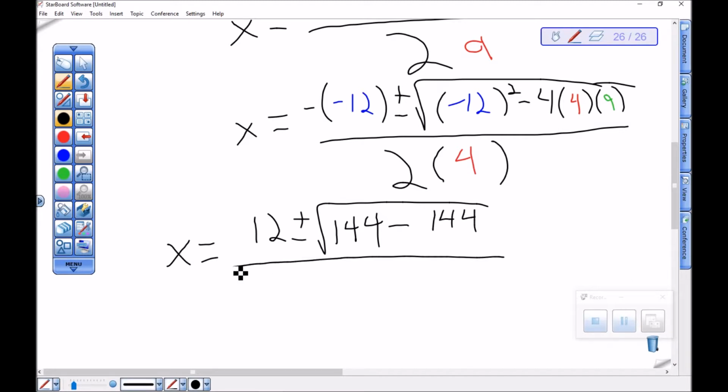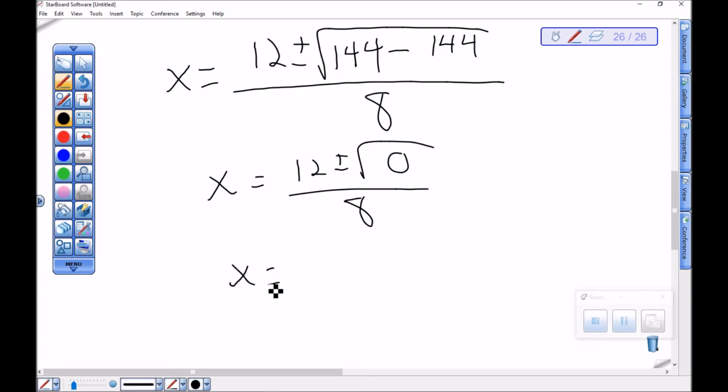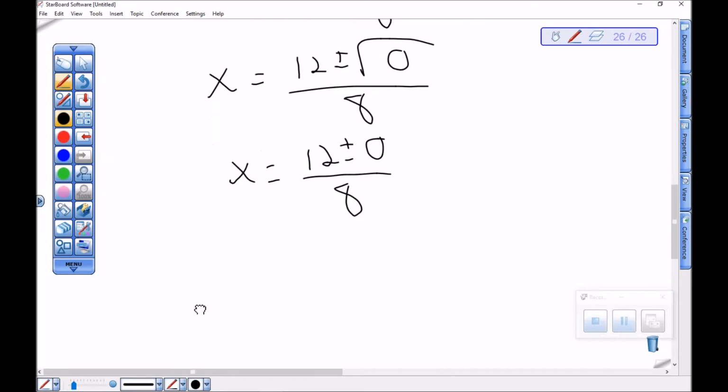All divided by 2 times 4, which is 8. Okay, so x is 12 plus or minus the square root of 144 minus 144, which is 0, over 8. The square root of 0 is 0, so 12 plus or minus 0, all divided by 8.